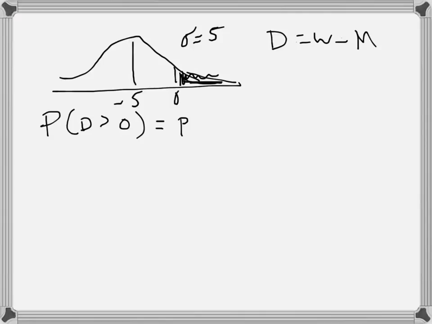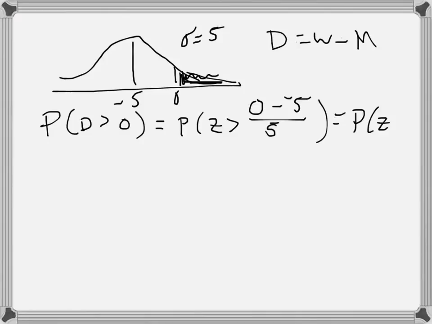So I could do this using z-scores, for instance. This is the probability that z is going to be greater than our value 0 minus the mean, -5, over the standard deviation of 5. That's going to be the probability that z is greater than 1. And you can use the empirical rule. It gets 16, and I don't have a table in front of me, but I'm pretty sure the right answer is not quite 16%, but 15.87%.